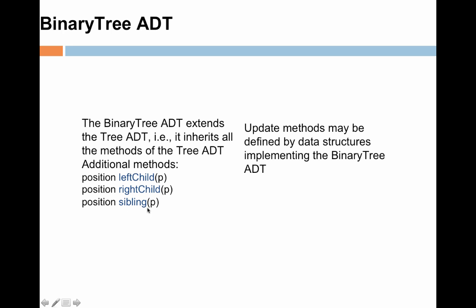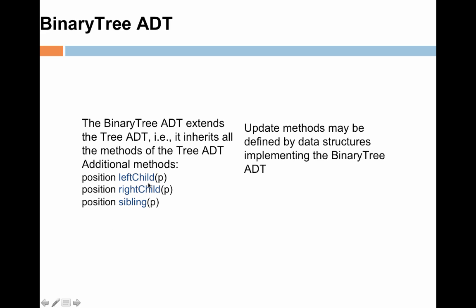Another method that we have is the sibling of P. Recall that in the tree abstract data type, the children would be a listing of nodes, a position list. On the other hand, very importantly, the return value of the sibling method is a pointer to one other node. In other words, it is a position.